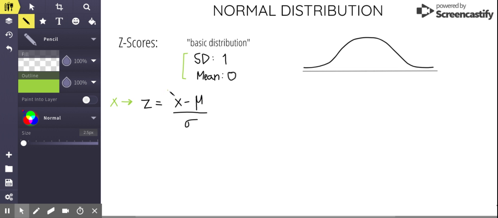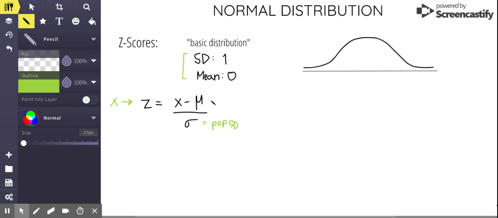So our x is going to be our observation of our scenario, minus mu, which also means the mean, divided by sigma, which we discussed in our earlier videos, which was population standard deviation. So make sure you know that it's not standard deviation for a sample size, it's for a whole population. So I can just go ahead and write that. So population standard deviation. All right.